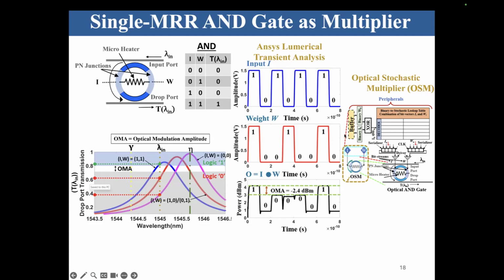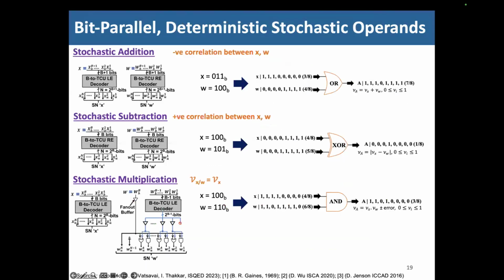We call that an optical stochastic multiplier, OSM, and we have symbolized it like this over here. So it can be lookup table based, and we have also created some combinational circuits.